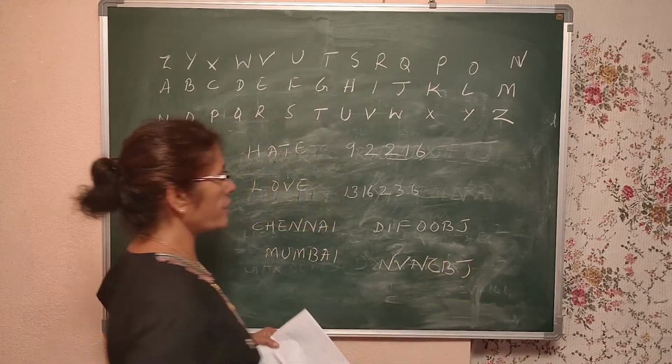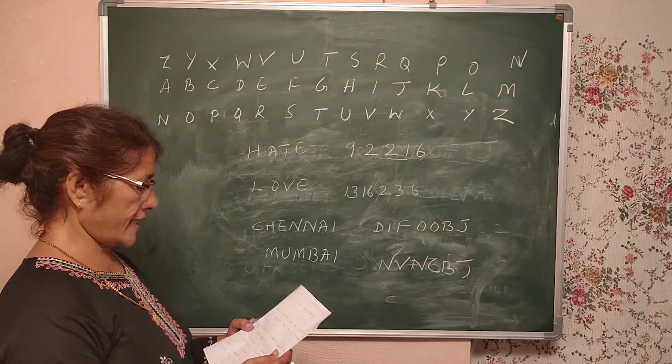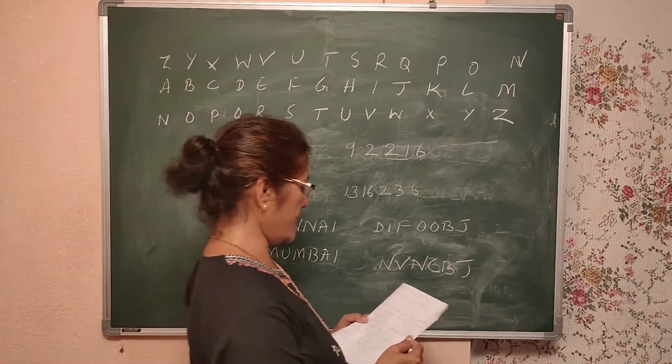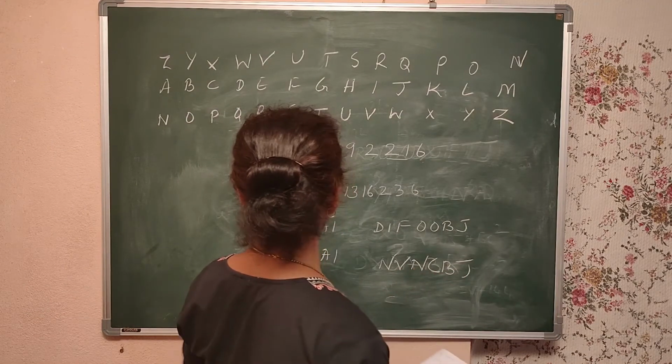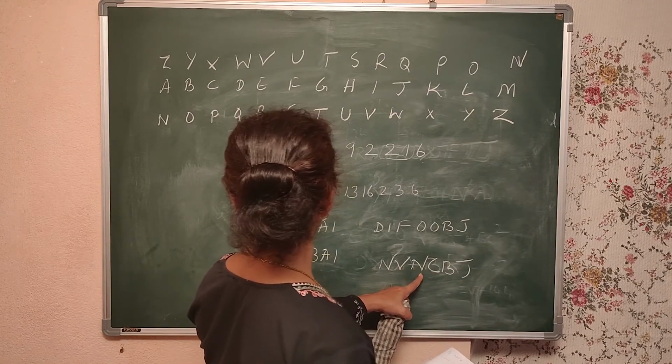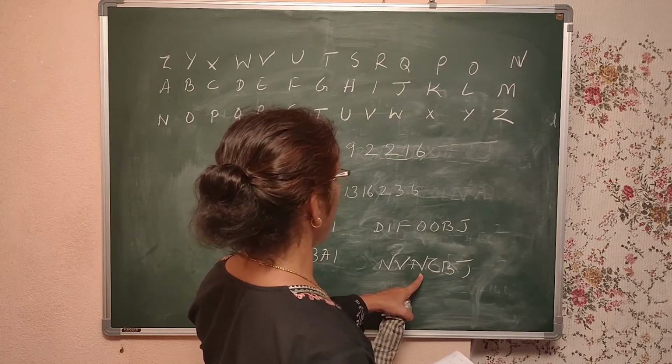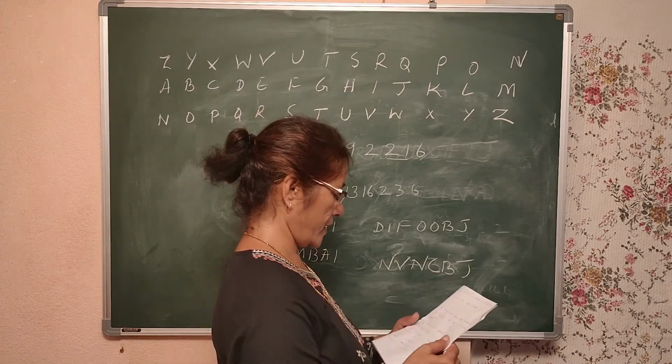MNONUV. So what is your answer? Your answer is N, V, N, C, B, J, U, V, M, N, B, C, A, B, I, J.